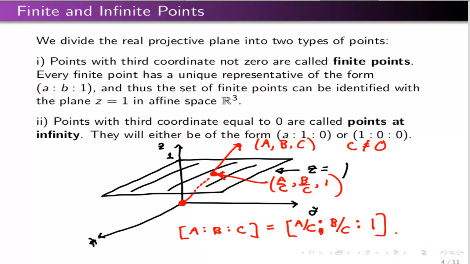And then there's points at infinity. These are points where the third coordinate is equal to 0. Okay, so when the third coordinate is 0, you're down in the xy plane, and you can then scale those points down. So if the y coordinate is not 0, you can scale it down and make the y coordinate equal to 1. So you get a collection of points down here where y is equal to 1. And these would be points at infinity.